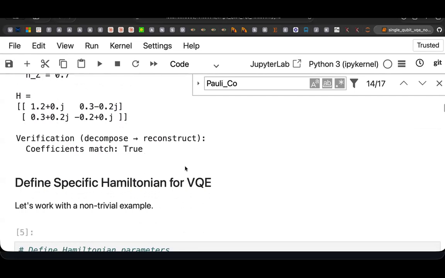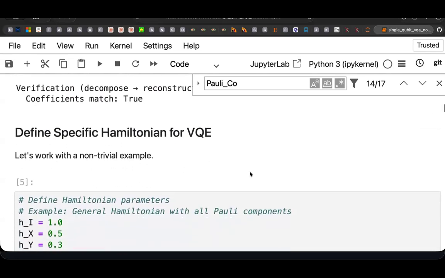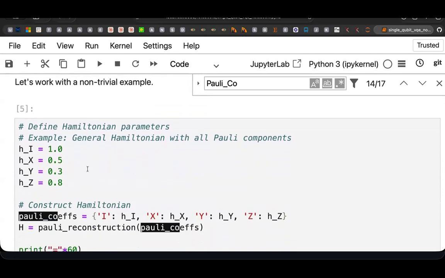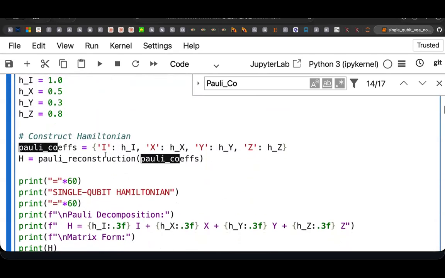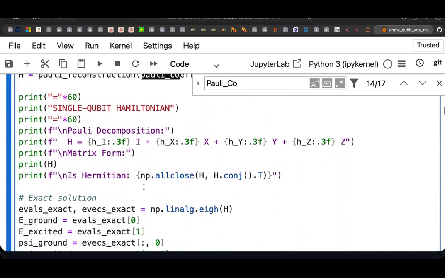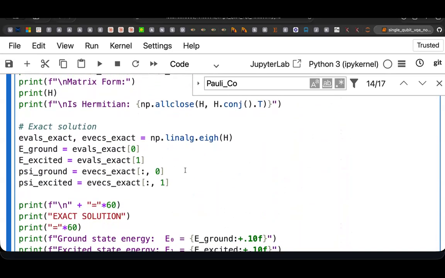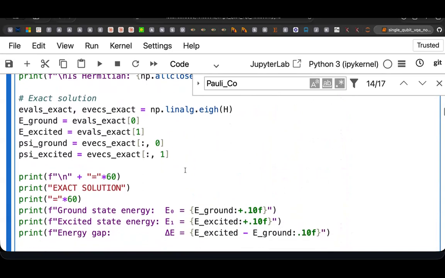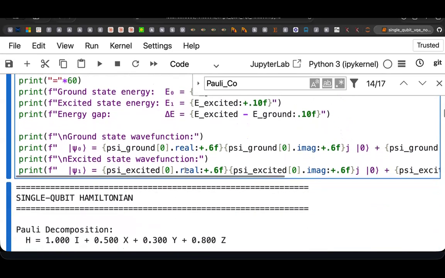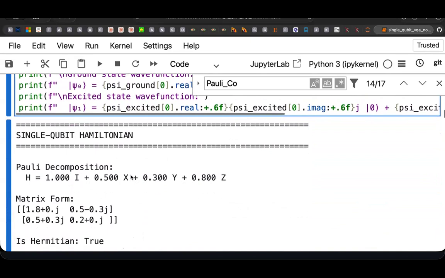And we see now that what we have done gives the correct representation of the Hamiltonian. So we give some specific parameters, we construct the Hamiltonian, and then check that this gives us the same eigenvalues. And this is essentially what is done here. And you can see that the Pauli decomposition gives us the Hamiltonian matrix in this form.